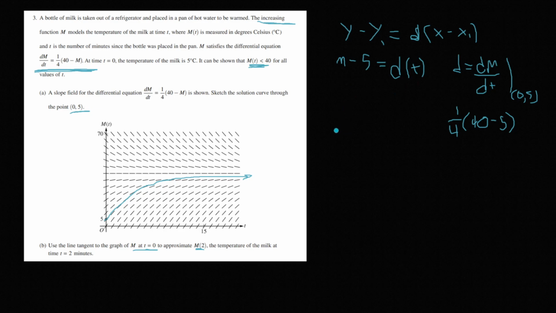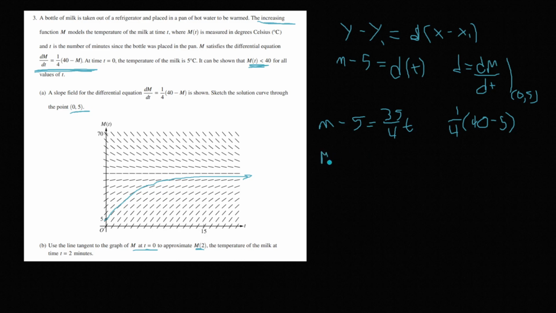And so then we can substitute this back into our equation. So this is going to be m minus 5 is equal to 35 over 4 times t. If this is our tangent line equation, then we substitute in t equal to 2 to get our approximation.